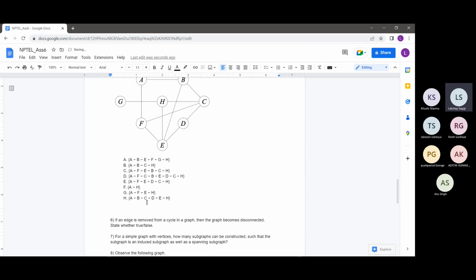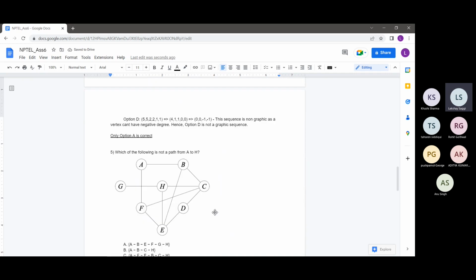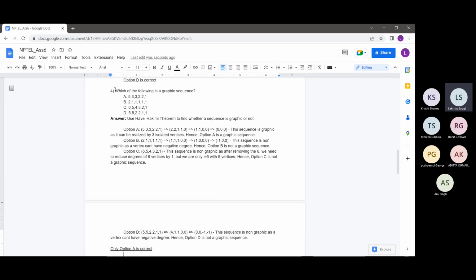So now coming to the fifth question. So this I believe is very important. I think a similar sort of question is also given in this year's assignment. So I'll just say that you should give attention to how to solve this, and while solving the problem for assignment also you should ensure that the sequence of degrees is in non-increasing order.